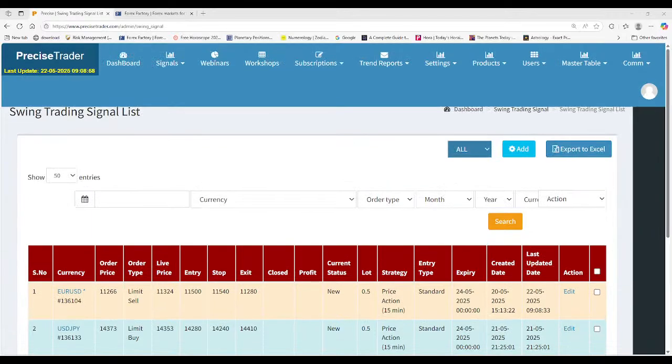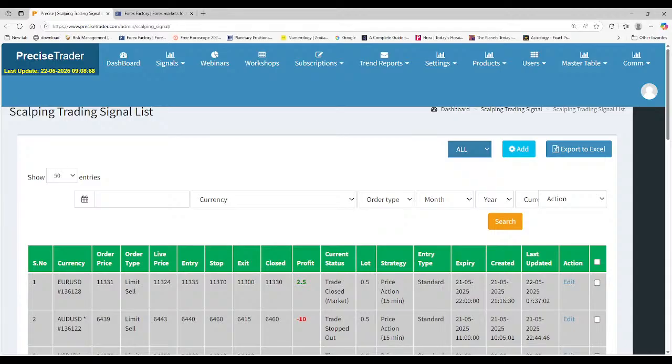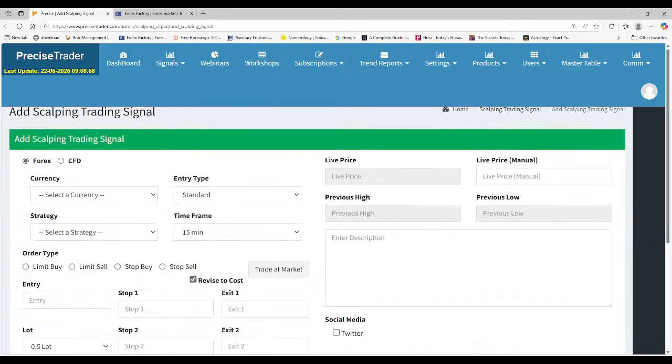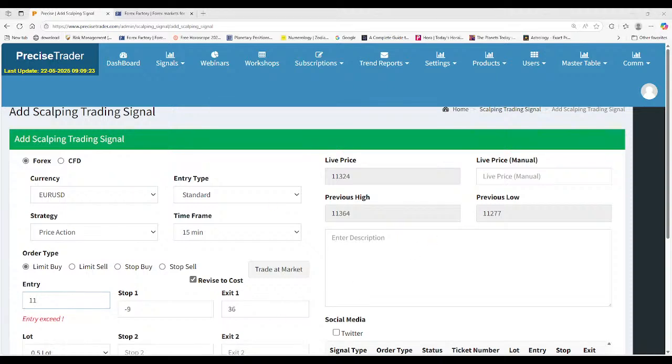So let's go for a scalping trade. This is your current day low, 11310. Or we can see even an extension of this level, which is 11290 or slightly lower.